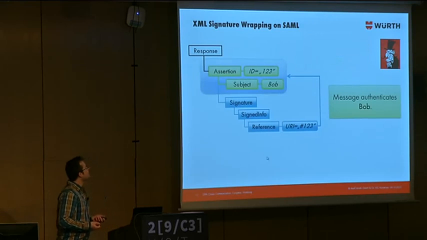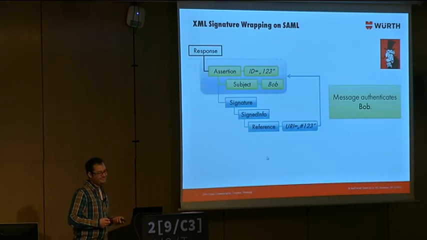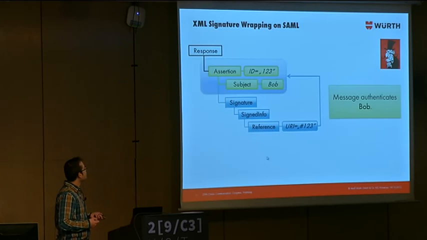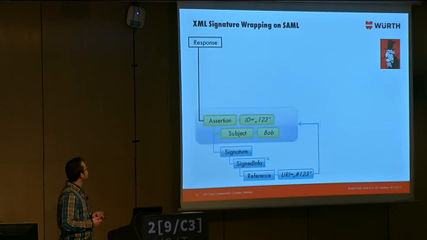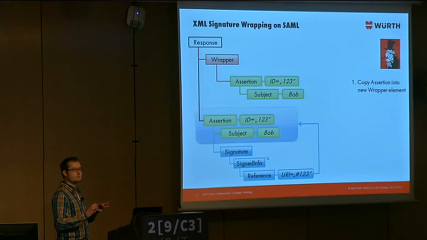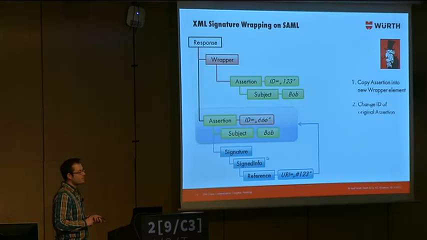Okay, now let's come to the real attacks. Again, this message authenticates the user Bob. What the attacker does is, first it includes a wrapper element with a copy of the original assertion into the XML message.